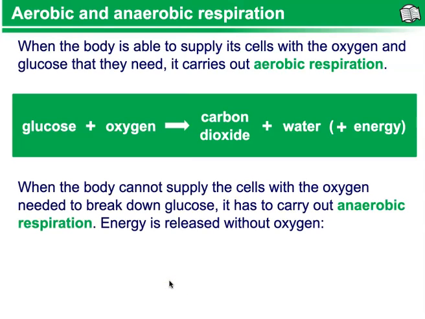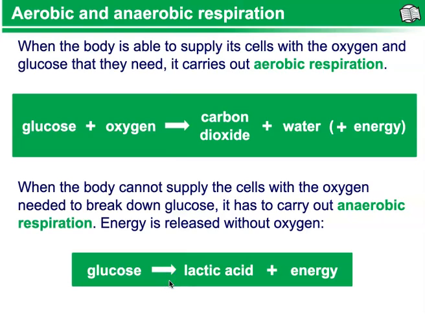When the body cannot supply the cells with the oxygen needed to break down glucose, it has to carry out anaerobic respiration. Energy is released without oxygen. So in this case, there's no oxygen present, so our glucose is broken down into lactic acid and energy.